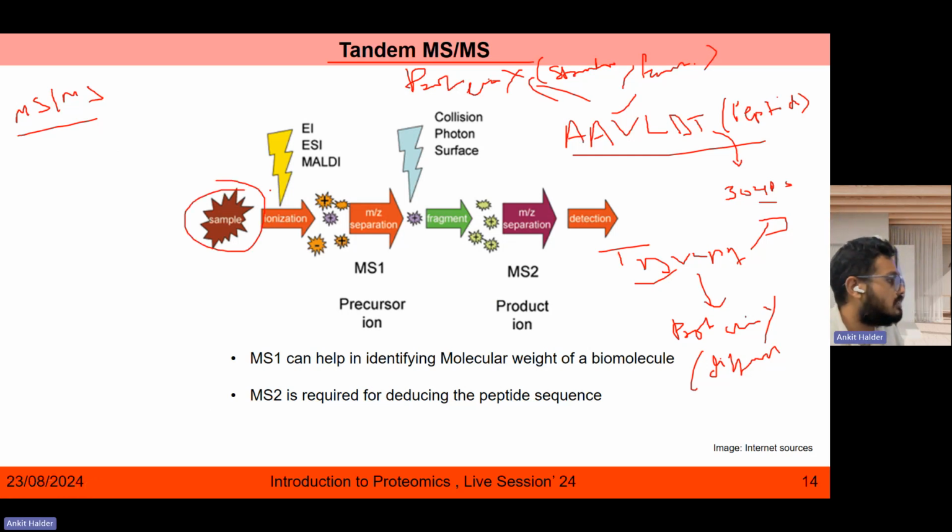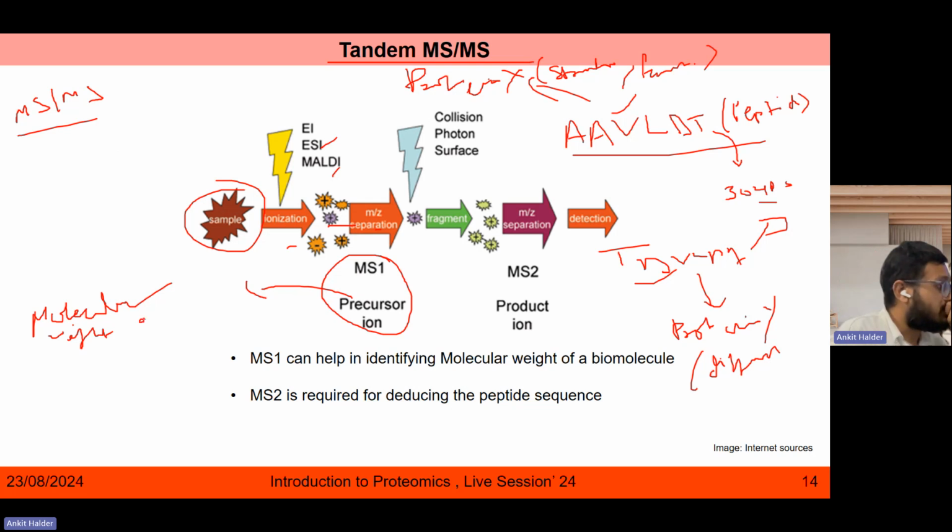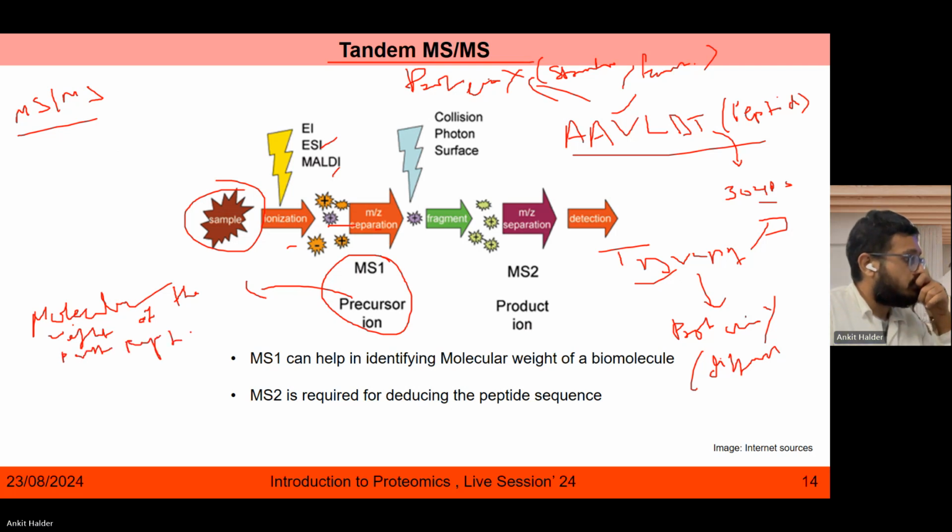You have the sample, you can have ESI or MALDI for ionization, then the separation, and you get the molecular weight. If you are calculating the molecular weight of the particular peptide, you are talking about the precursor, that is the total peptide.